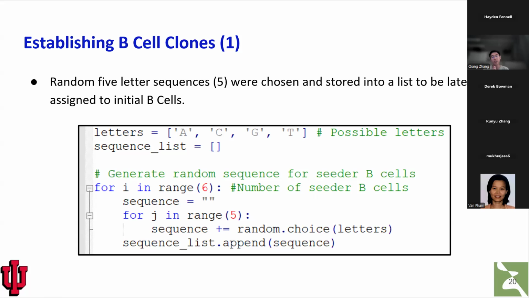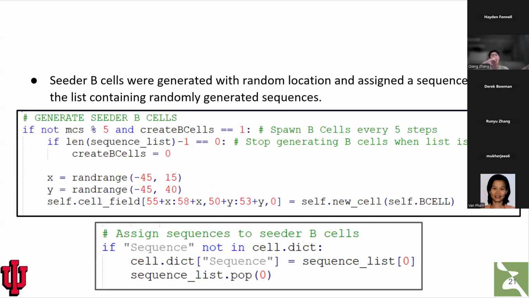So here we're starting these B cells with random sequences by drawing random numbers from this A, C, G, T alphabet, and then randomly assigning them to each seeder B cell to begin the simulation. Seeder B cells were generated with random location and assigned a sequence containing these randomly generated antibody sequences.